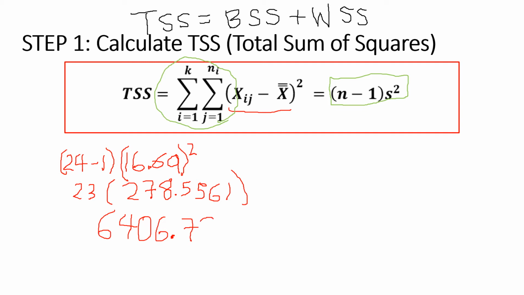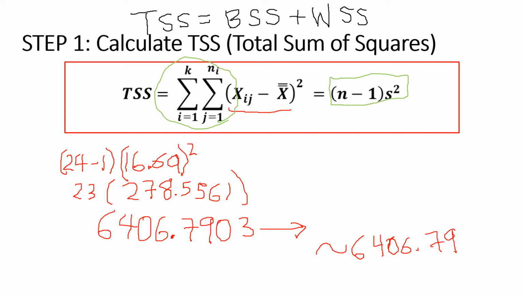6,406.7903, which is approximately, there's the approximate sign right there. It's kind of a squiggle like that, looks like a tilde. If we round it a wee bit, 6,406.79, right?